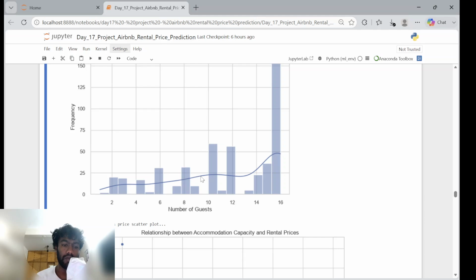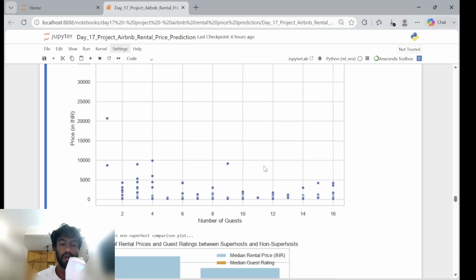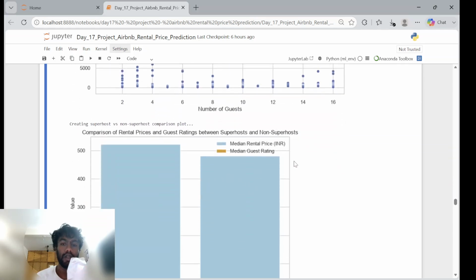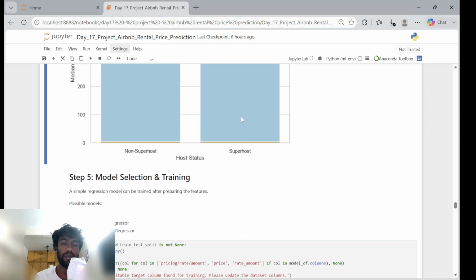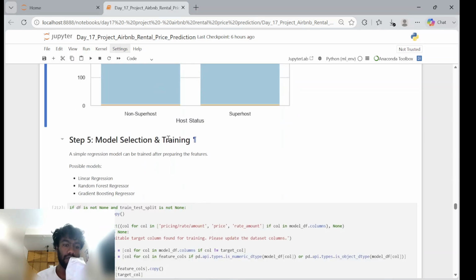So that's one thing that this graph gives us information on. Relationship between accommodation capacity and rental prices doesn't really show a lot of information. They all are under their own points. And another thing is superhost and non-superhost have slight bit of difference, but non-superhost properties have little more median value.